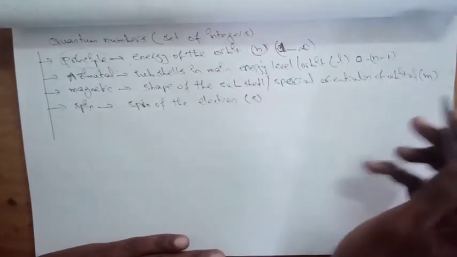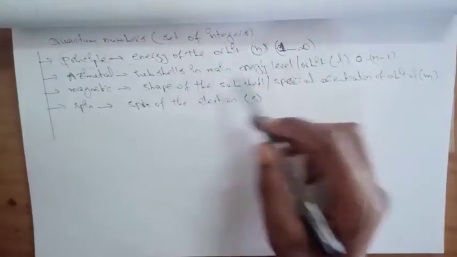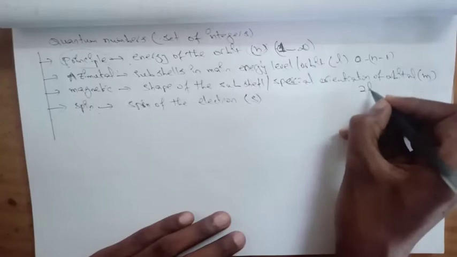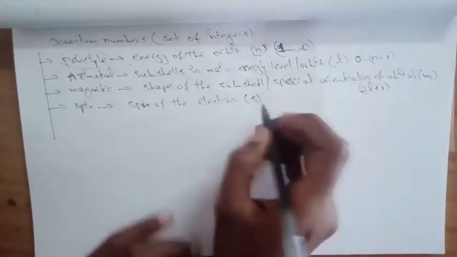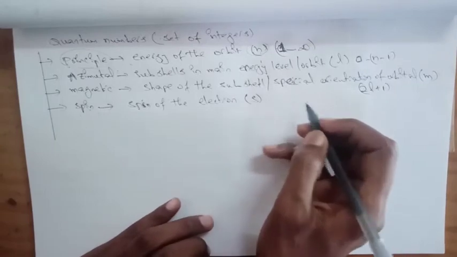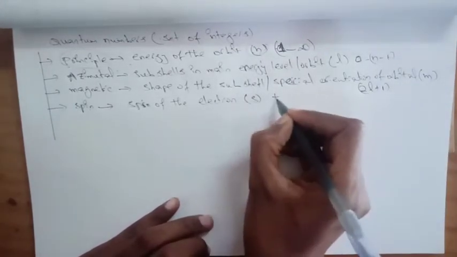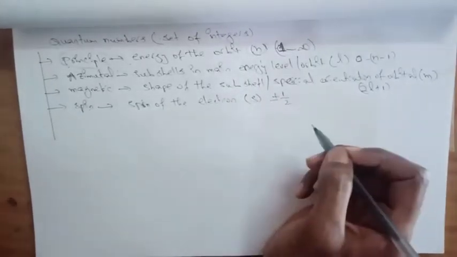The magnetic quantum number depends upon the azimuthal quantum number, and its values are given by 2l plus 1. The spin quantum number has no units. It relies only upon a positive or negative sign, positive half or negative half.